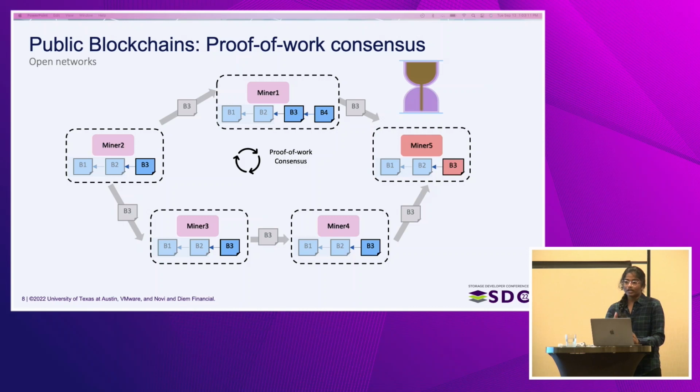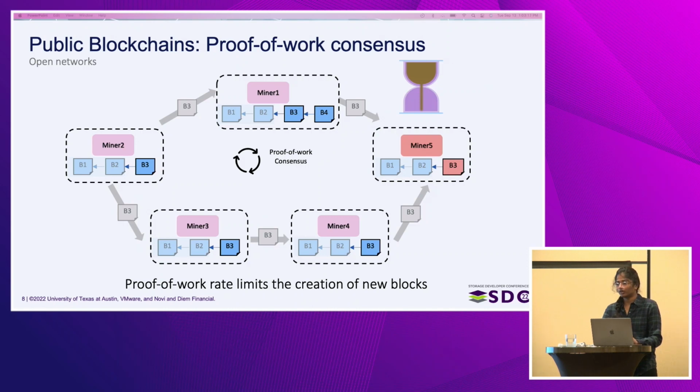So proof of work rate limits the creation of new blocks. And this is crucial for ensuring the safety and security of blockchain. Now imagine if proof of work did not rate limit the creation of new blocks, any miner could keep forking the blockchain, and this would hurt the forward progress of the blockchain.